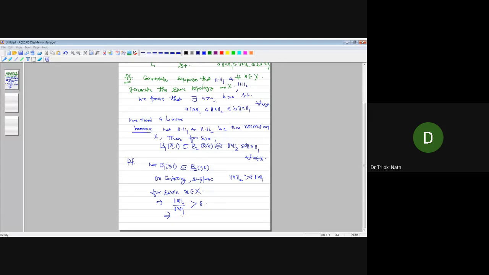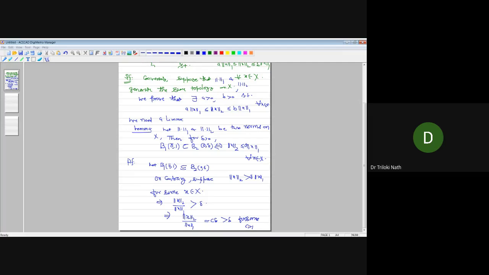This implies that norm of x with respect to 2 over norm of x with respect to 1 is equal to c times delta, which is of course greater than delta, for some c bigger than 1.